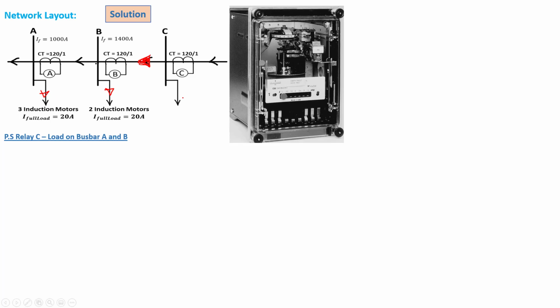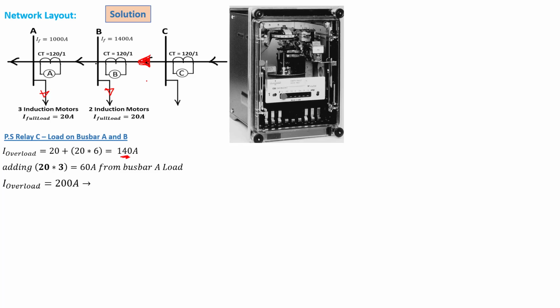For the overload on bus bar C, we're going to consider one motor already running and the other one starting, because there are only two motors here on bus bar B. That's an immediate one, and that will give us 140 amps of current. But then we have to add the load on bus bar A, assuming that these three motors are already running. So that will be contributing to the overall overload that relay C is going to see. That is 60 amps adding to the 140, so we have a total overload of 200 amps.